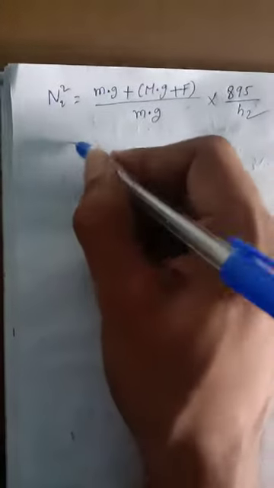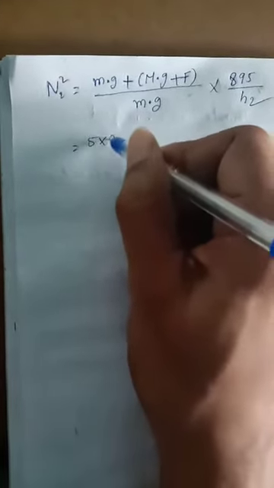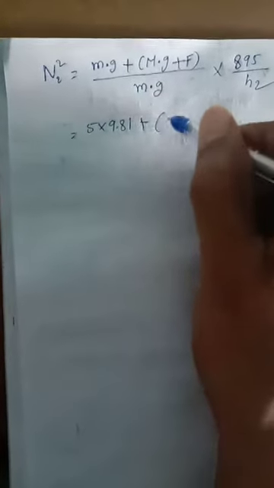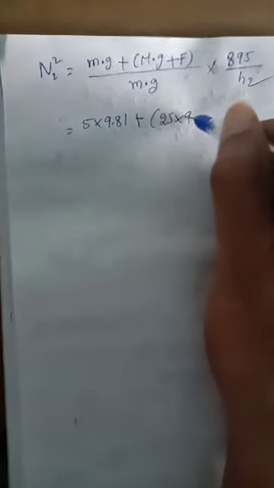Similarly we are going to find the N2 value. So N2 square is equal to [(m g plus M g plus F) divided by (m g)] into 895 divided by h2. Here m is equal to 5, g is 9.81, capital M is 25, F is equal to 10.